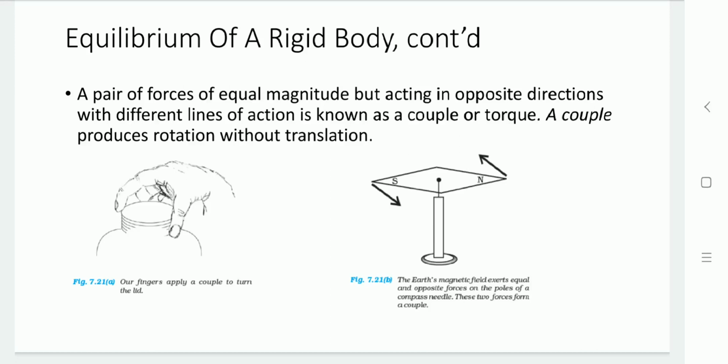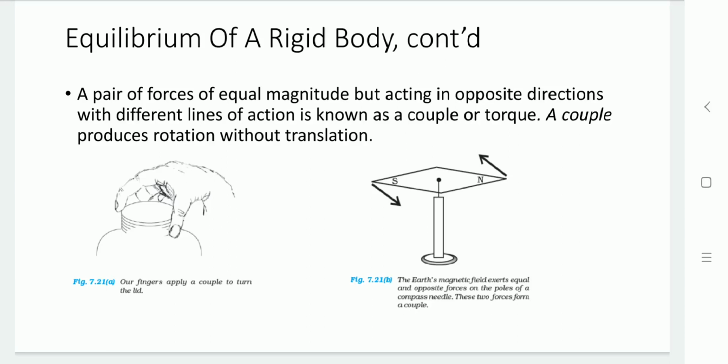In the first diagram, while we want to open or close the lid of a jar with our fingers and thumb, we are providing a force that gives only a rotational condition by the torque, and translation is not available.